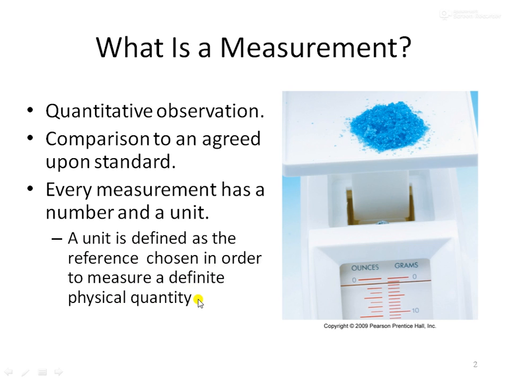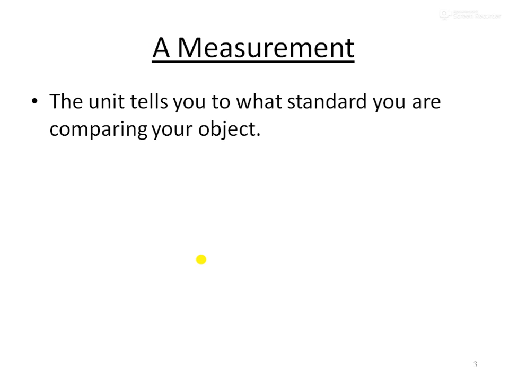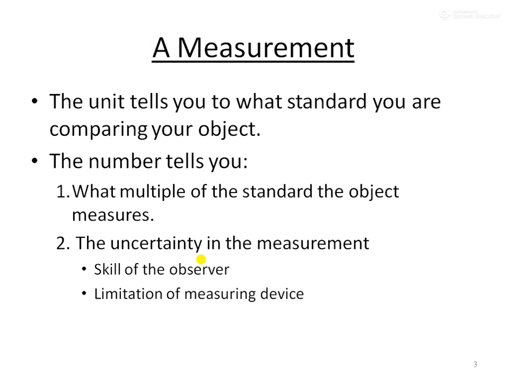So every measurement has a unit, and that's the essence of measurement. The unit tells us to what standard we are comparing our object, and the number tells us how many multiples of the standard the object measures.